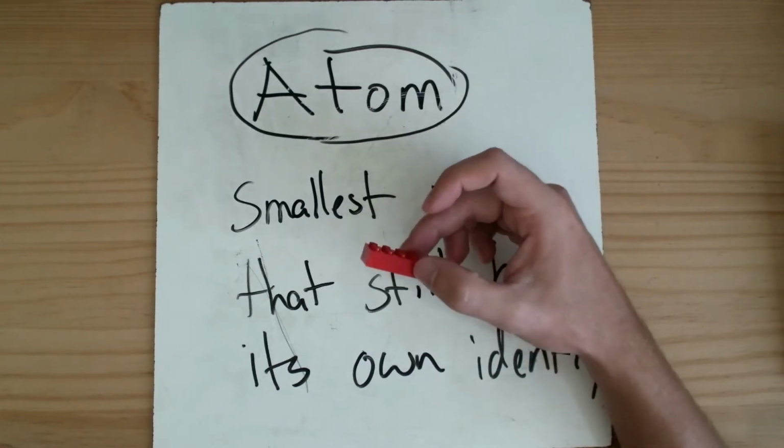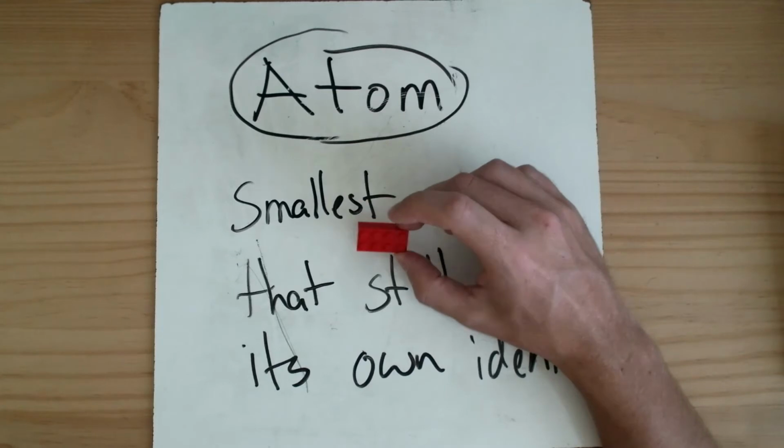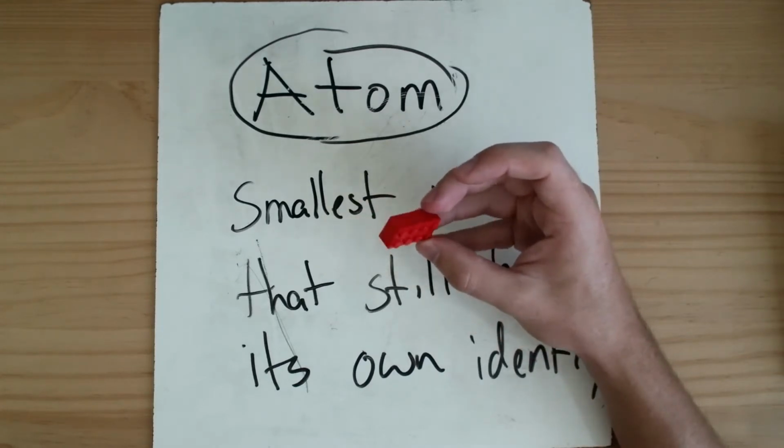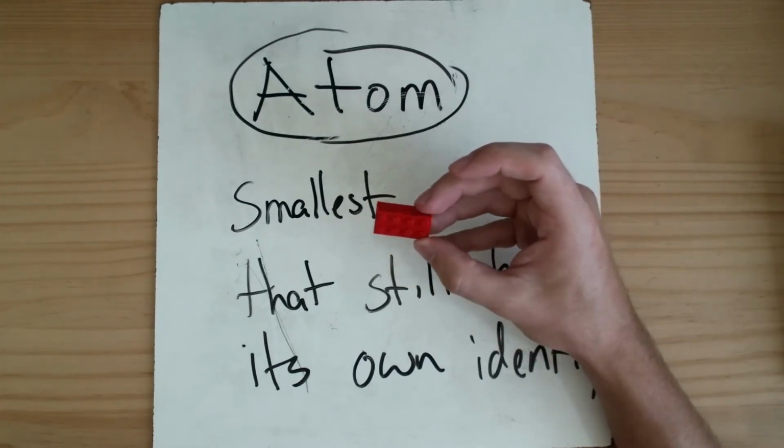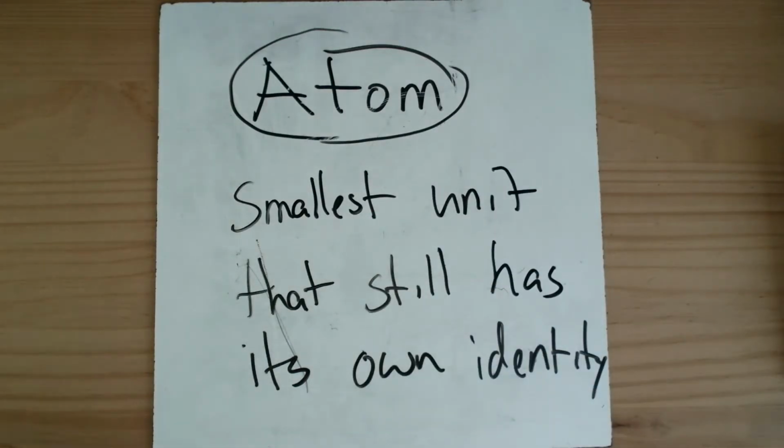If I was to take this thing and smash it with a hammer into smaller pieces, those smaller pieces no longer have their same identity. I would have to put them back together in order to get back to my identity as a 2x4 Lego brick. So there is ultimately a smallest size that we can break things down to, and that is what atoms are. They're the smallest thing that we can possibly work with.